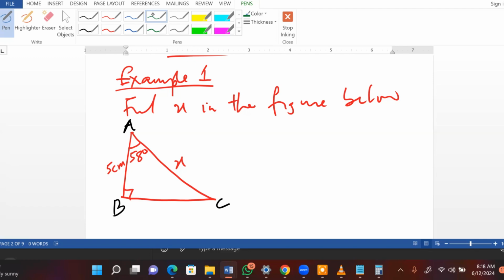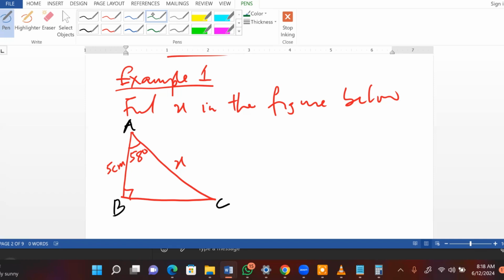The first thing you are going to do is, which angle are we considering here? There are 2 angles given, so which angles do we know?